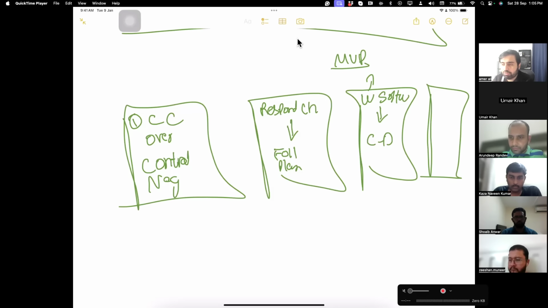I want working software. And finally, the team is very important. Their interaction is very important. So individuals and their interactions over processes and tools. Yes, processes are important. Yes, tools are important. But how individuals react with each other, how individuals work with each other, that is more critical. These four values are the heart and soul of Agile.